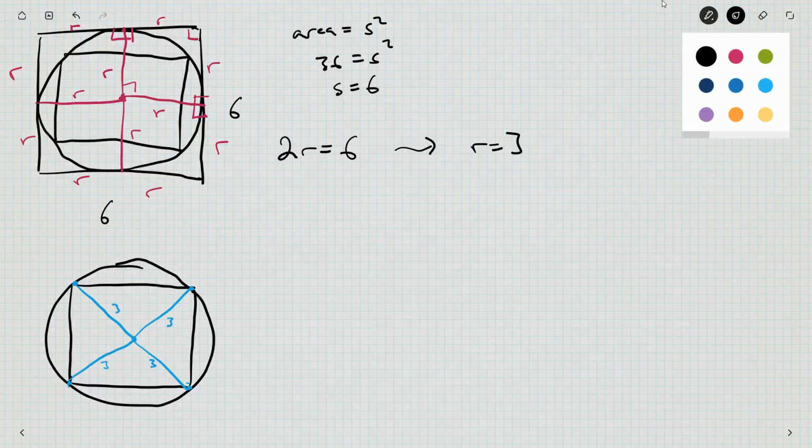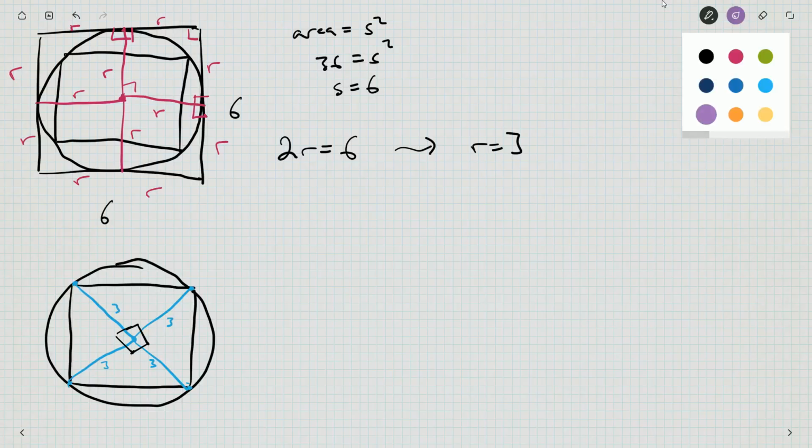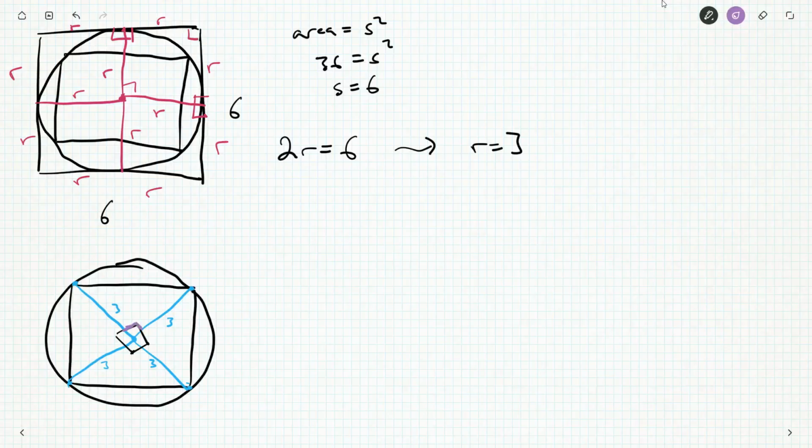So, what else can we do here? Well, you could either start working things out with angles, or you could say, well, it's a square, so by symmetry, we're going to get right angles everywhere here. And if I've got a right angle here, between these two radius lines, take a look at this purple triangle here.